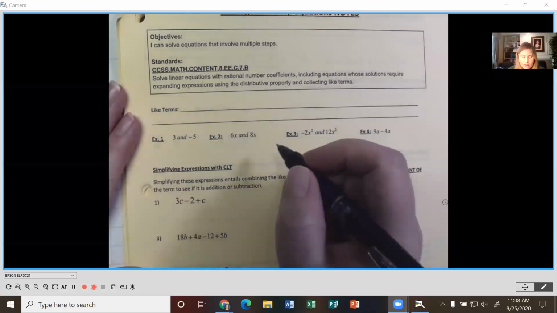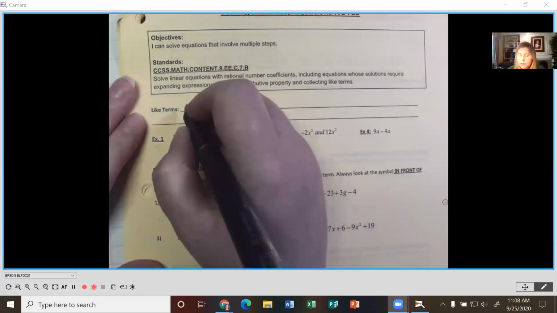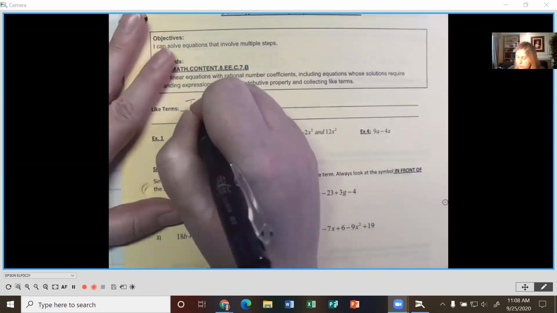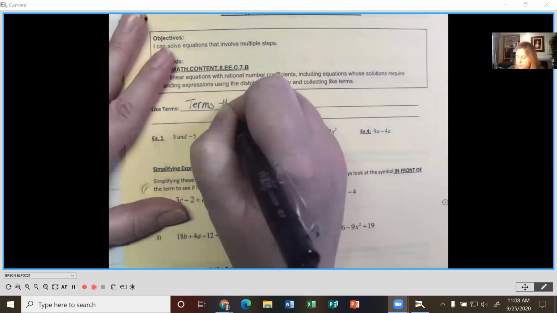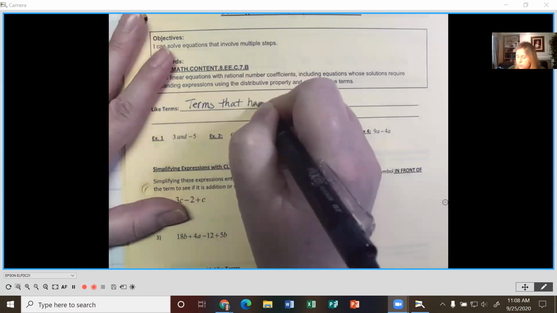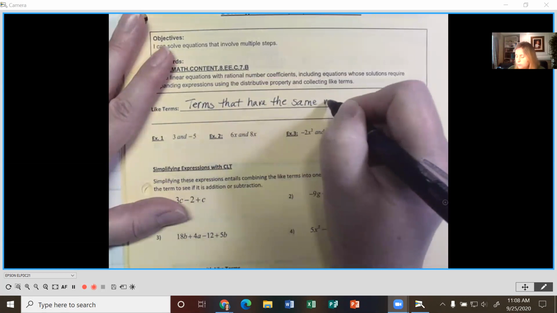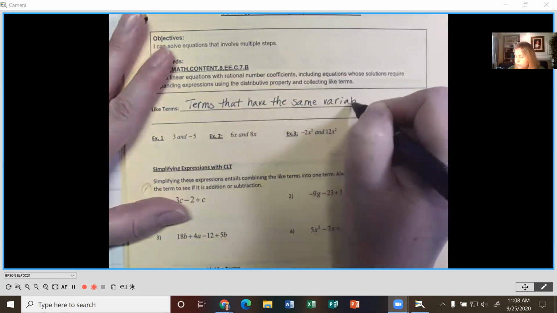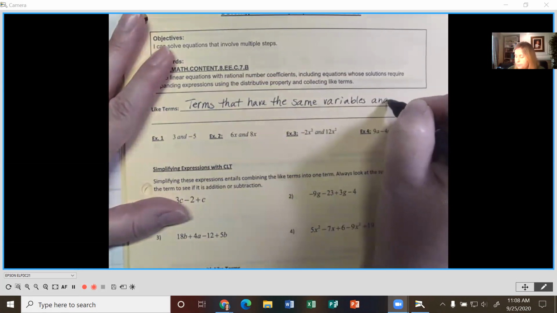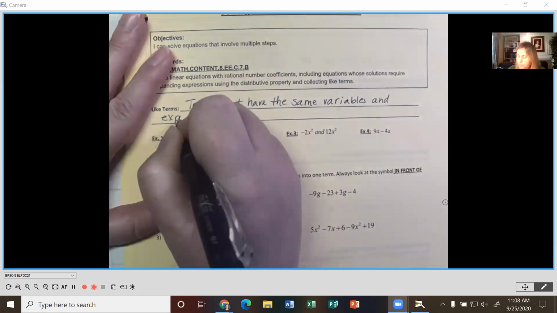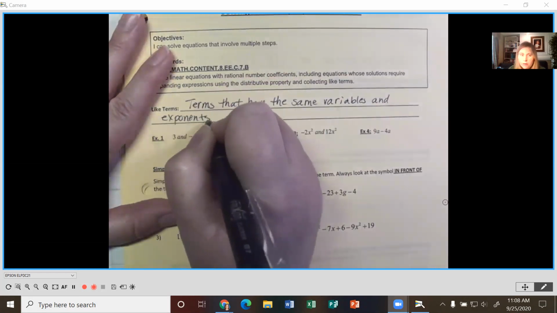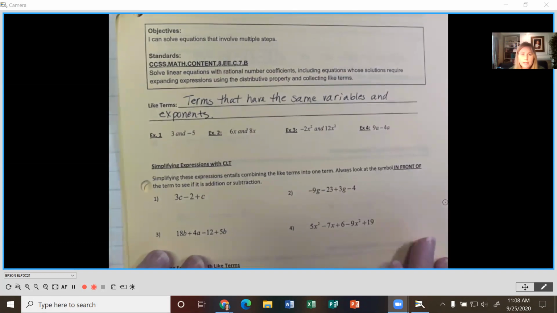Like terms are terms that have the same variables and exponents. Okay, terms that have the same variables and exponents.